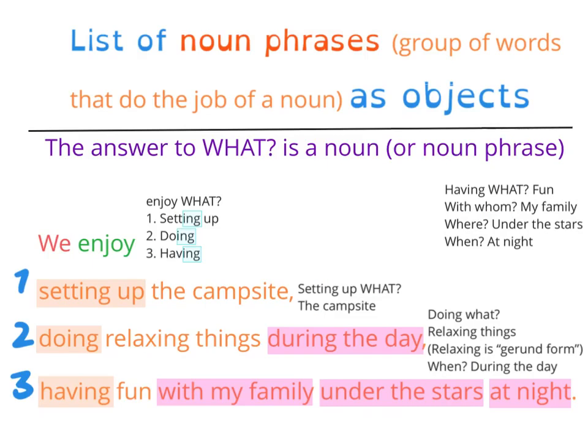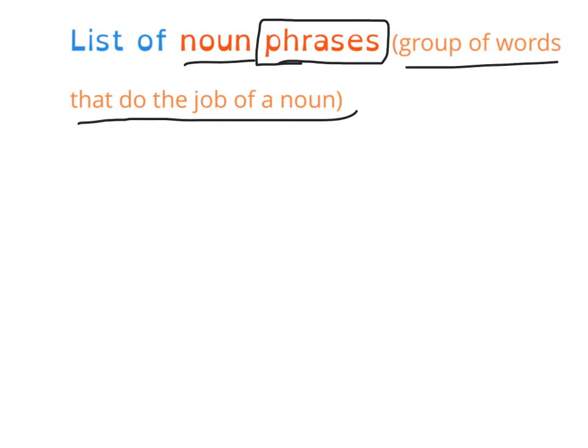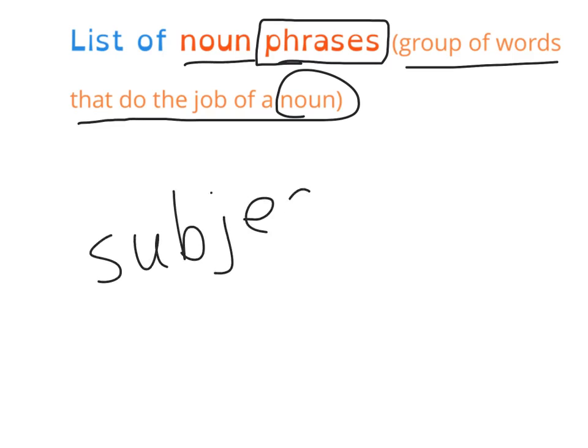Okay, on this last slide, we are going to talk a little bit more about phrases. I have said that a phrase is a group of words that does one job. A noun phrase is a group of words that does the job of a noun. And we have learned that a noun can be used in the sentence as a subject or as an object.